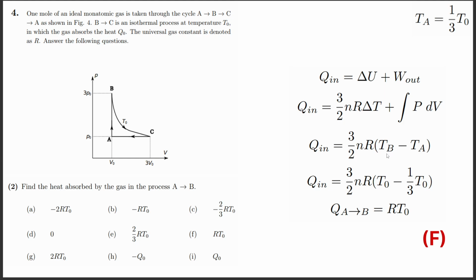and the change of the temperature is T final minus T initial. The T final is TB, which is T0, and the T initial is TA, and we know from number 1 that TA is equal to a third of T0. So T0 minus a third T0 is equal to 2 over 3, and 2 over 3 times 3 over 2 is 1.